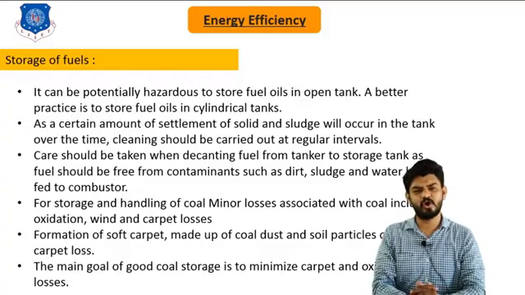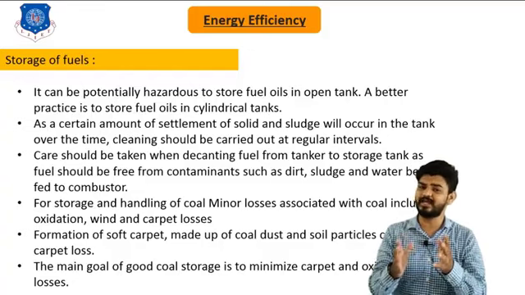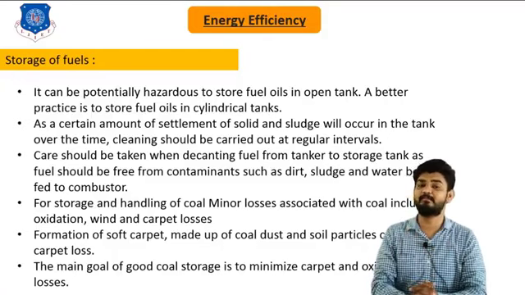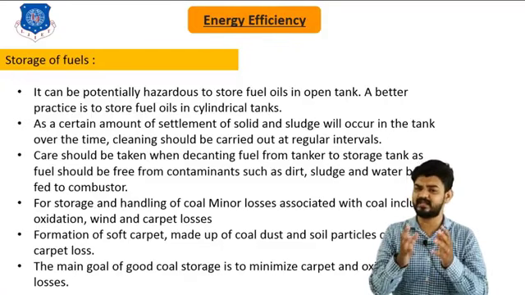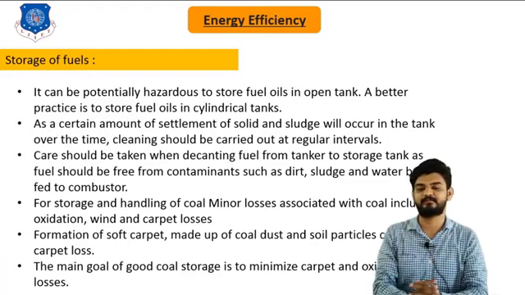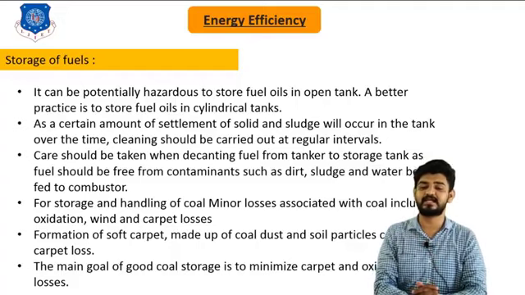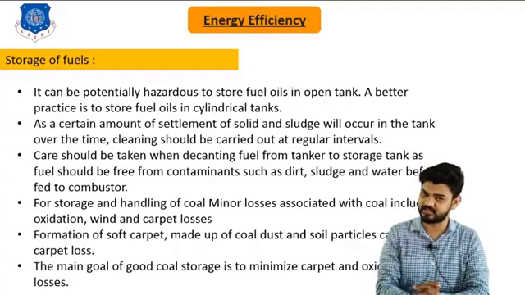So on the surface of the coal, particles of soil and coal itself form a layer, and we call this layer of coal and soil particles the carpet. The main goal of good coal storage is to minimize carpet and oxidation losses.